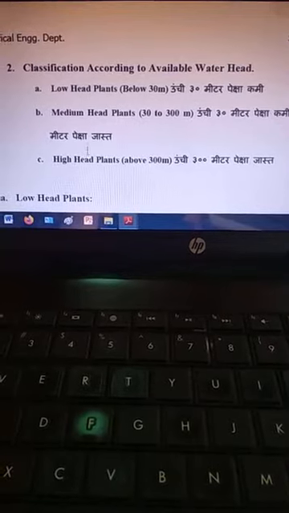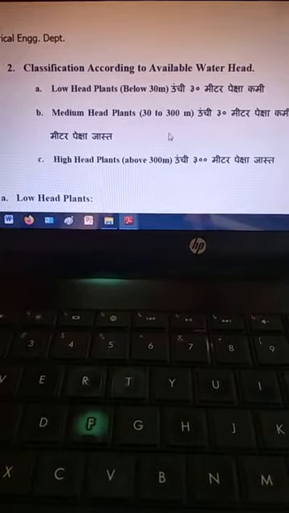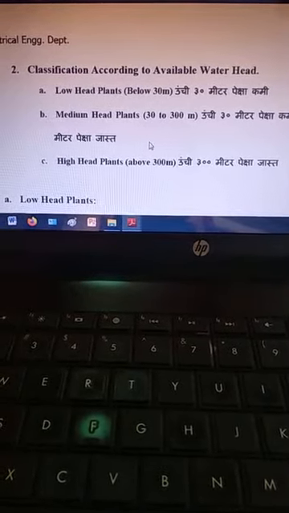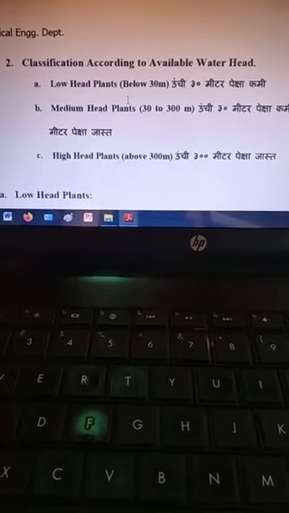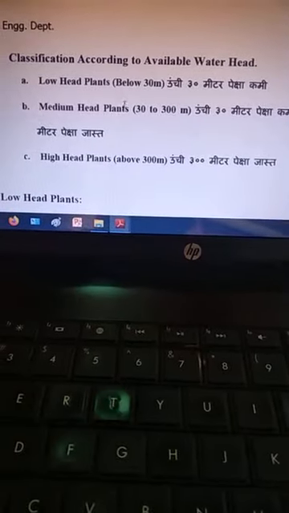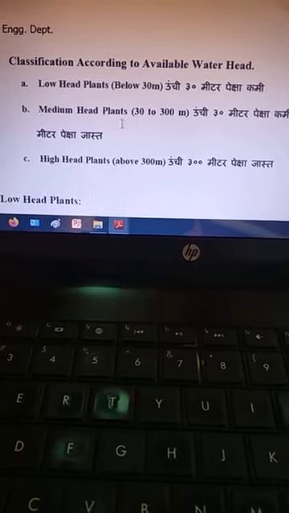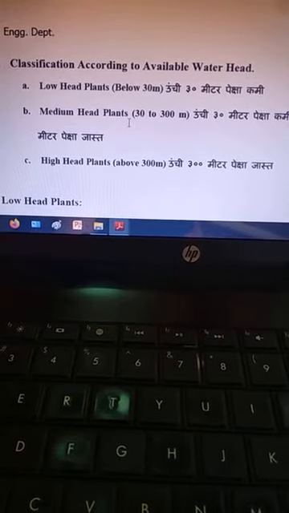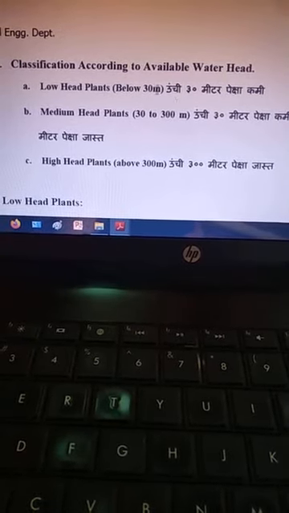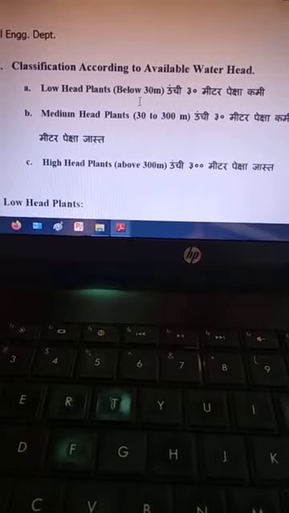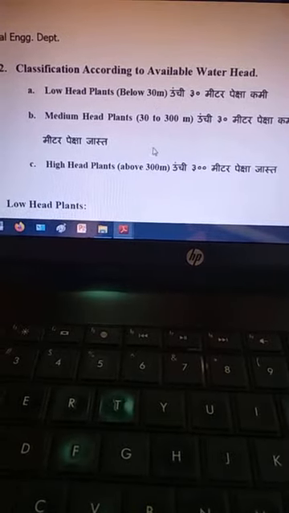So these are the categories of hydroelectric power plants on the basis of head. If you remember, in steam turbines, turbines are also characterized on the basis of head, but with different values. Suppose there the minimum head for low head plants was 50 meter, so here it is 30.